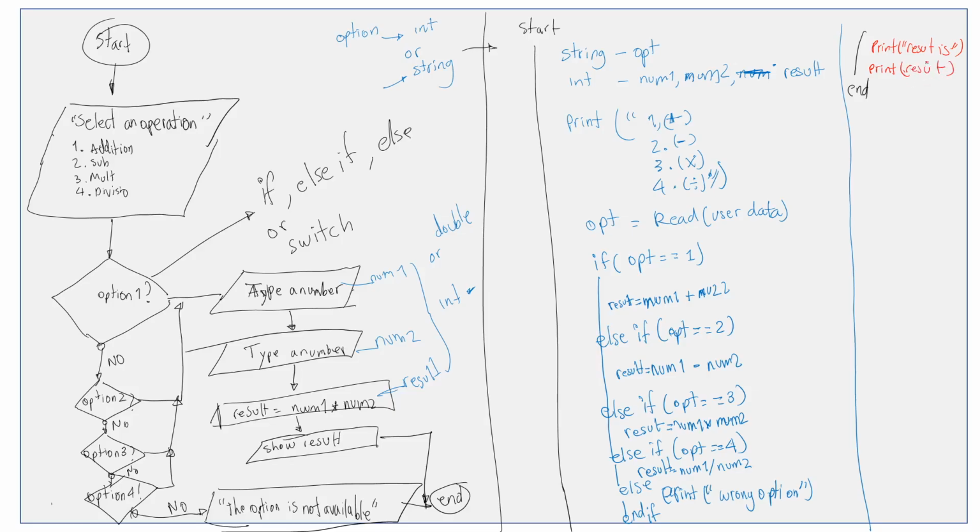So now here we choose the option, we compare the option, and then we do the operation inside the if. You can see if the option is true, we do this.